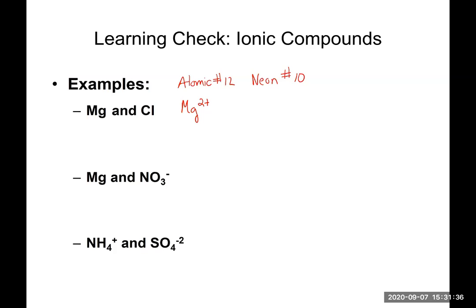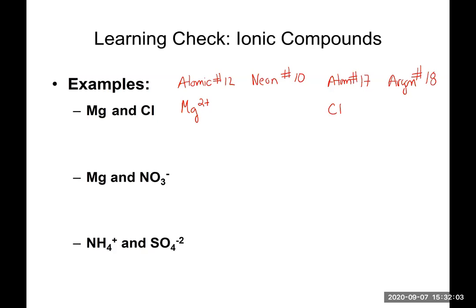Now let's think about chlorine. Chlorine is closest to argon. Chlorine has an atomic number of 17. Argon, on the other hand, has an atomic number of 18.